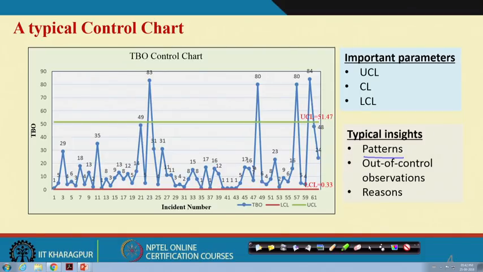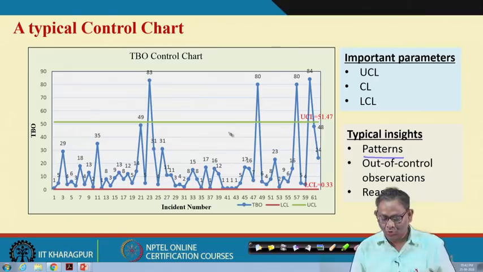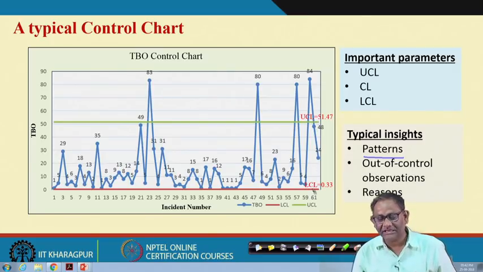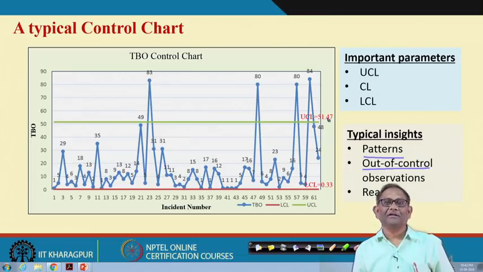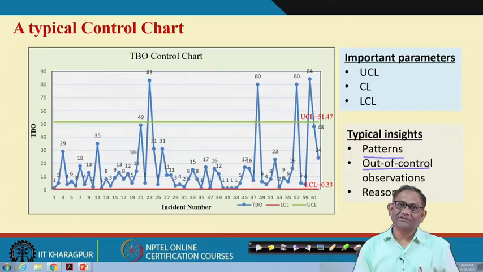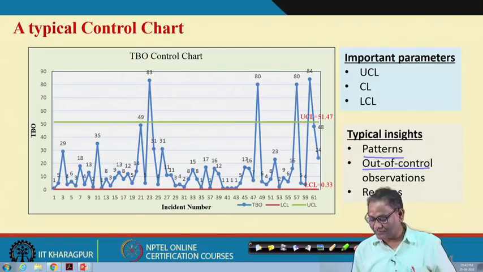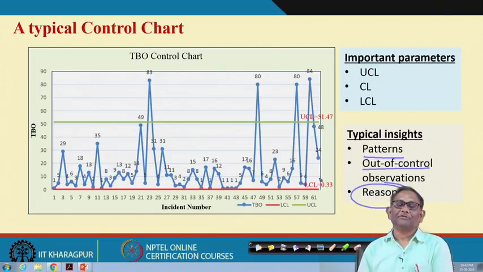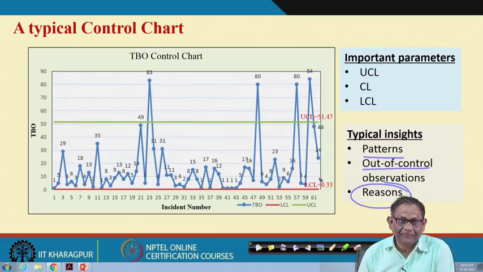Whether it is random or systematic, whether there is a trend or not. If any point is beyond LCL and UCL, that is out of control. If there is any pattern, that also relates to out of control situations. Once out of control observations or patterns are observed, you have to find out the reasons for those situations. That is the purpose of the control chart.